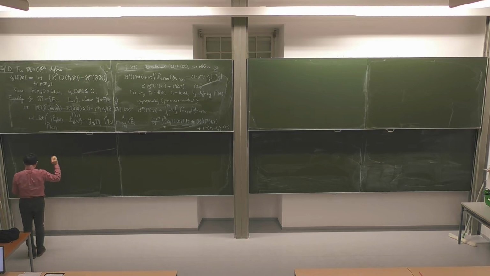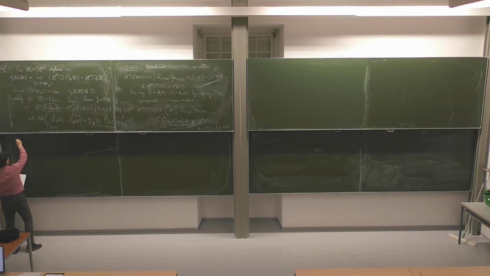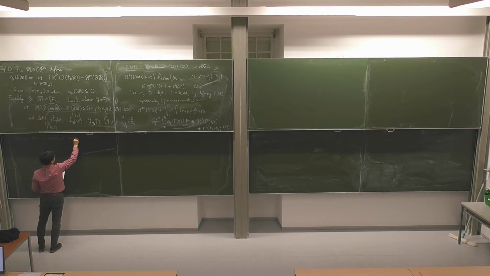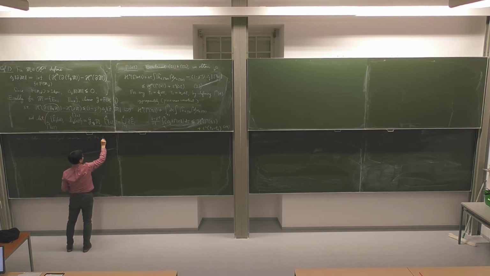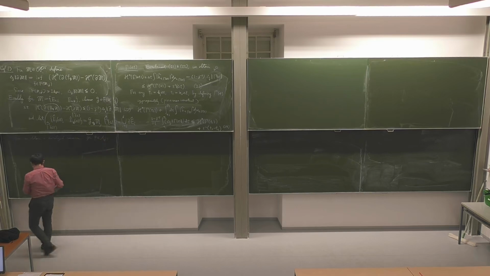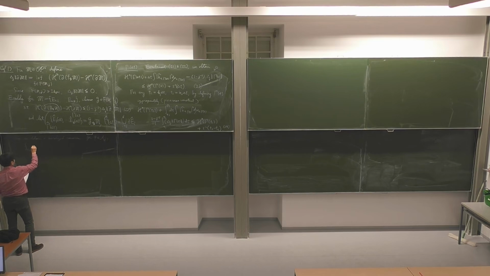This is for the energy, but one can do the same things. One can obtain a localized version, that is for phi in script j. We can get the analogous expression of t1.